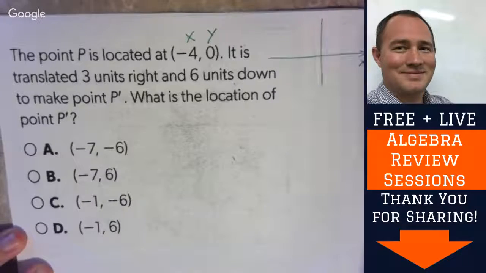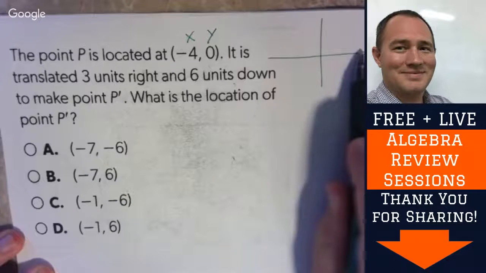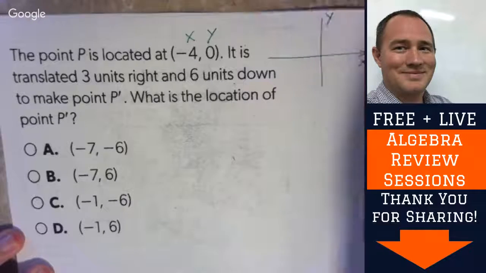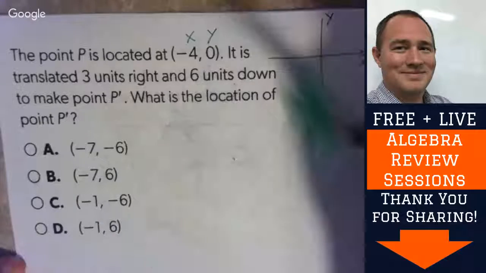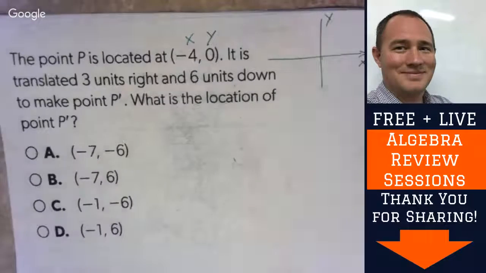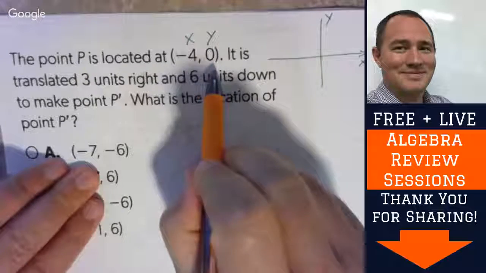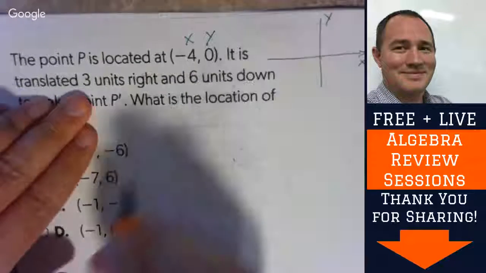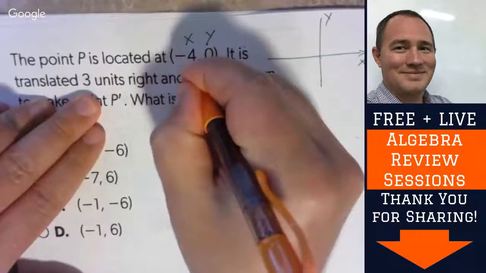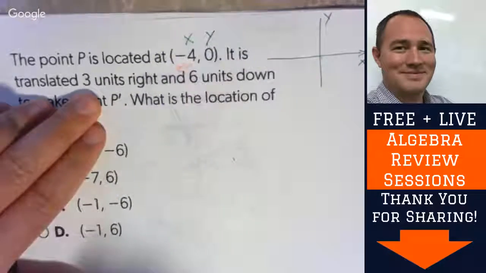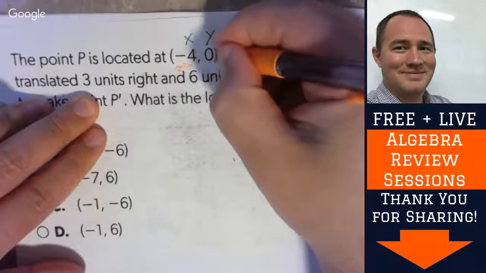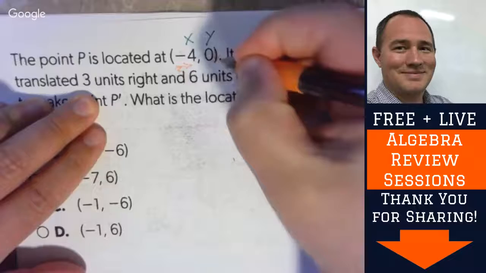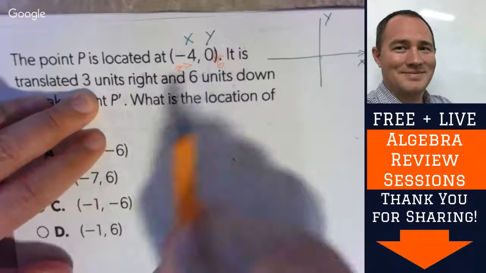The X-axis is here, and that's talking about how far left and right of the origin we are, and the Y-axis helps us find how far below or above the origin we are. So if something were at (-4, 0), and we were going to move it by 3 units to the right, that would be moving in the positive direction, 3 units, and 6 units down. Down would be for Y, so going down 6 units would be in the negative direction.